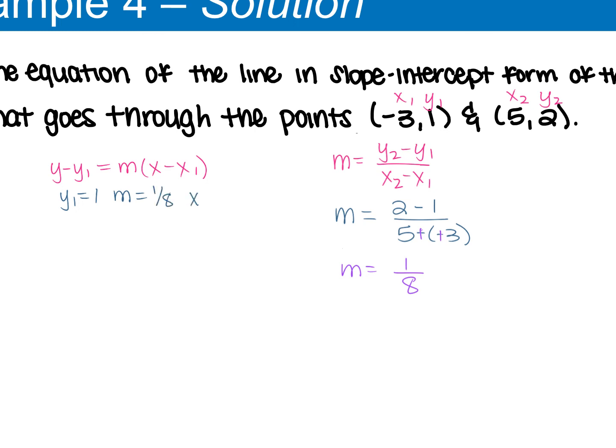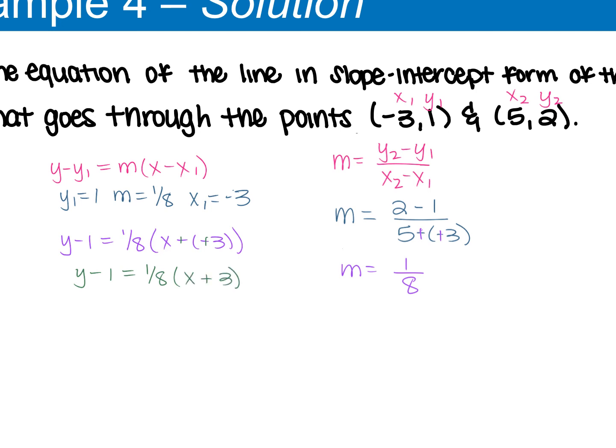And we said in the beginning that x1 is negative 3. So if we plug these values in, we're going to have y minus 1 is equal to 1/8 times x minus negative 3. Double negatives turn into a positive, and you're going to work with y minus 1 is equal to 1/8 times x plus 3.